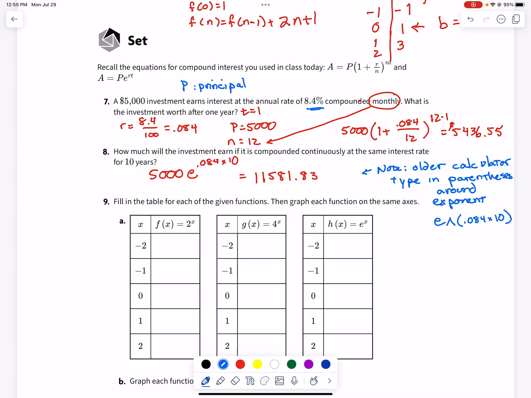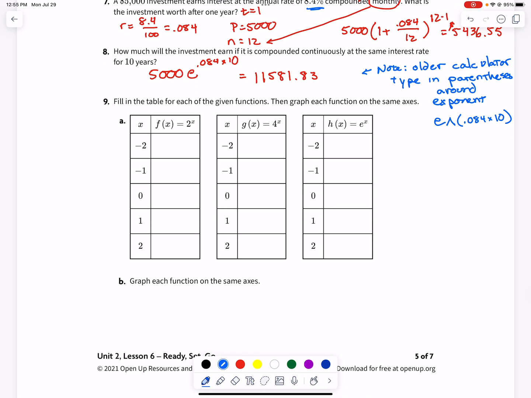Otherwise, it'll only do e to the 0.084 and then multiply that number by 10, which is not what we want. All right, what have we got? 2 to the negative 2. Just to remind you, negative exponents flip things. 2 to the negative 1 is 1 over 2. 2 to the 0 is 1, not 0.